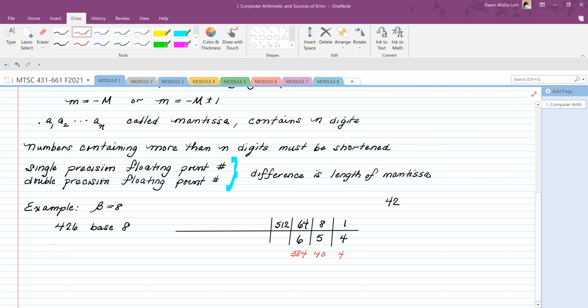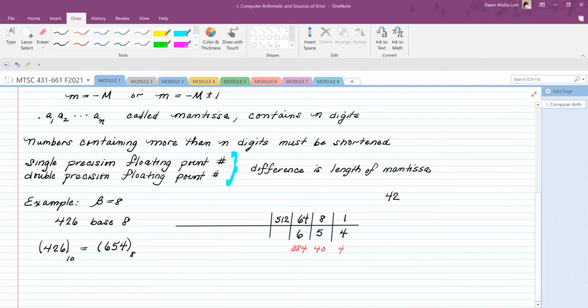Okay, so 426, which we normally use in base 10, turns out to be 654 base 8.